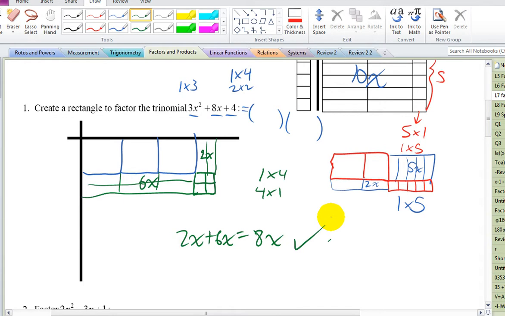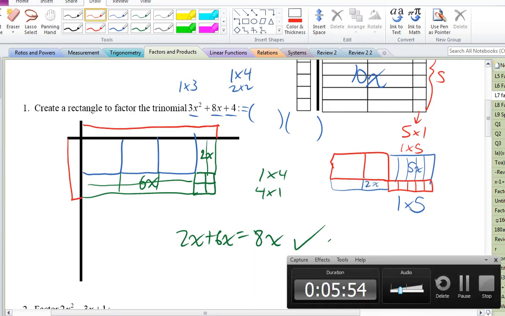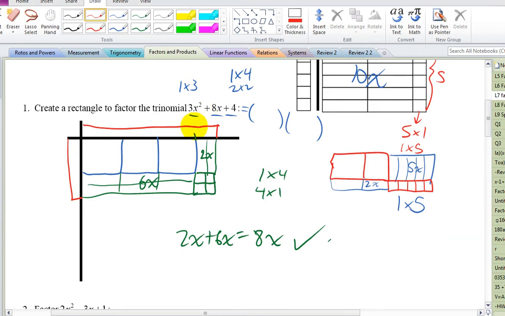Now that you got the arrangement, now you got like a perfect rectangle. This is what you want. What's up top, please? Tell me, what is this? What's the length? And what's the width? Well, up top we have 3x plus 2.